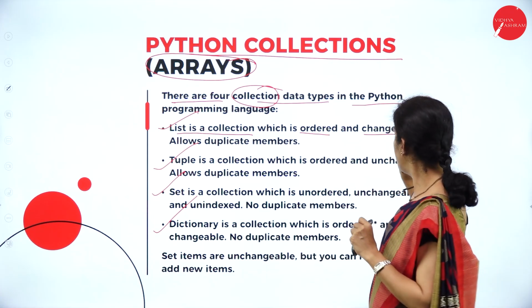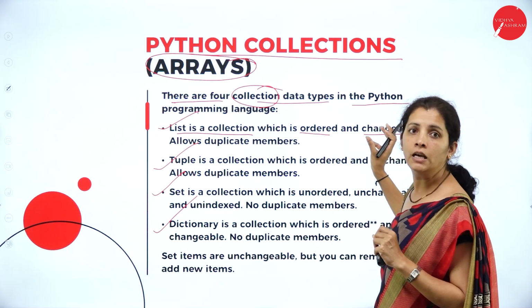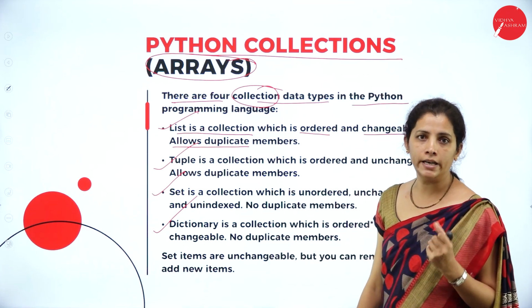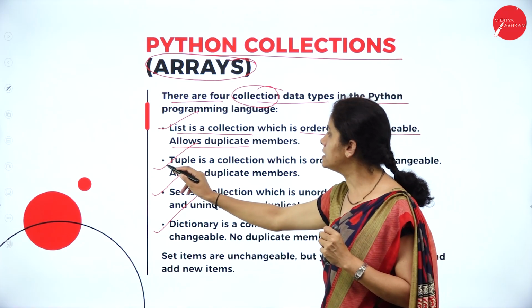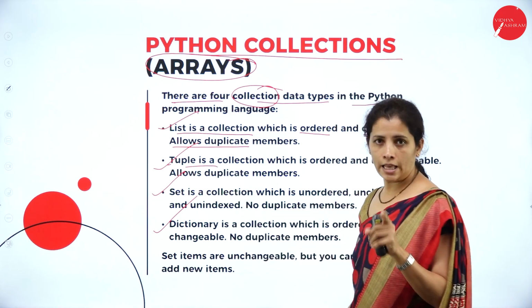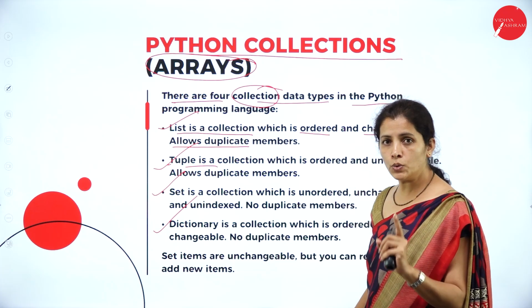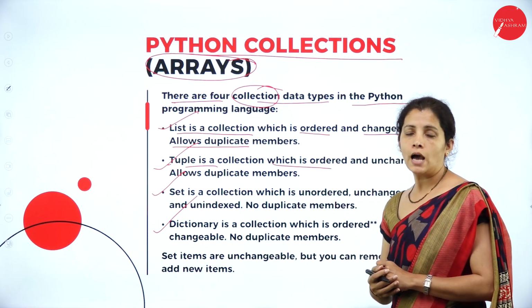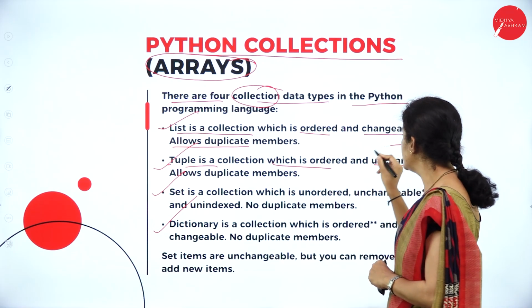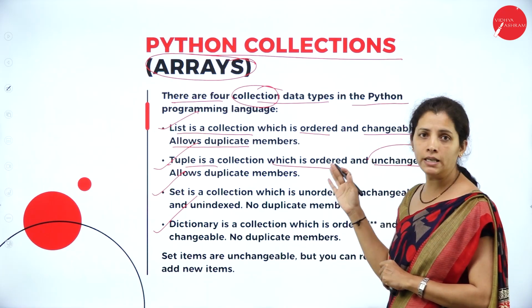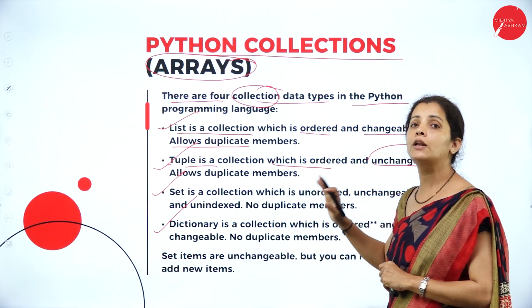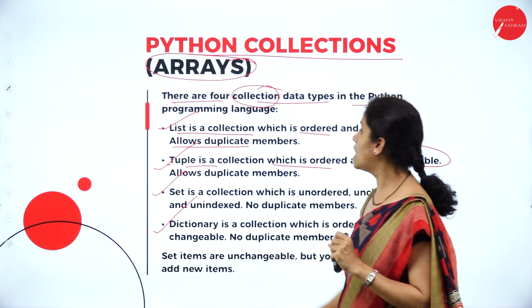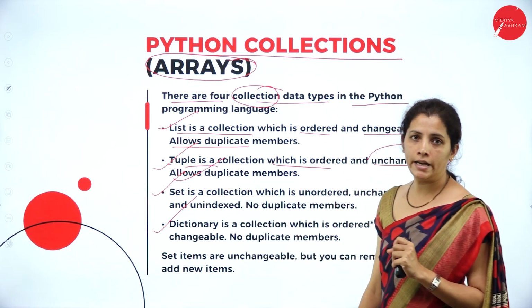So we can change the list elements, and it allows duplicate entries. If I consider tuples, it is a collection, a single variable used to store multiple values. All the values are ordered and unchangeable. Unchangeable in the sense that once the tuple is created, elements cannot be modified, but still it allows duplicate entries.